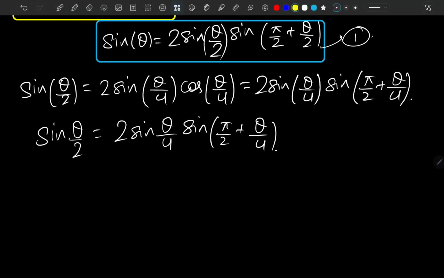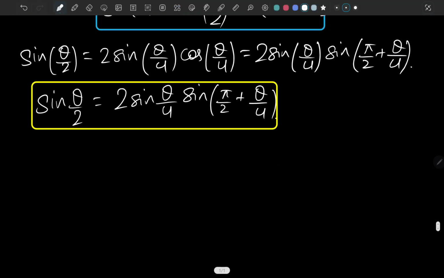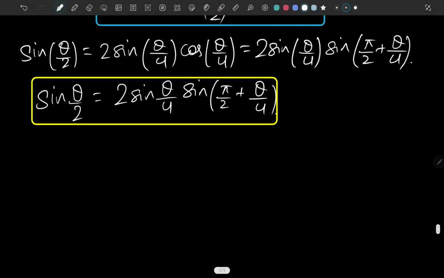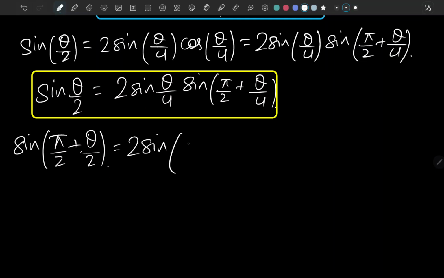Okay, so here it is. And next, if we talk about this factor, let's factorize that further. That gives us sine of pi over 2 plus theta over 2, right? That can be written as 2 sine of pi plus theta over 2, right?